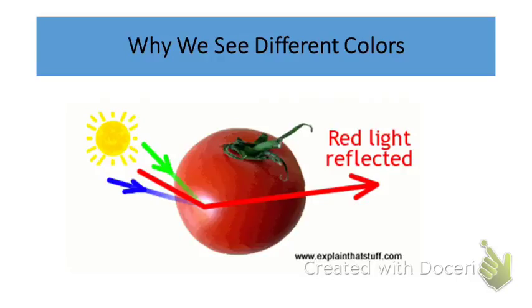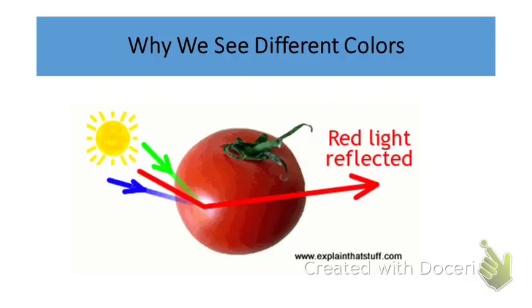All right? So that is one way in which we see color. We could say the same thing for someone who's wearing a blue shirt. A blue shirt is blue to us because the molecules or atoms that make up that shirt are absorbing all the other colors except for blue. Blue light is being reflected by those molecules, and therefore the shirt looks blue to us.